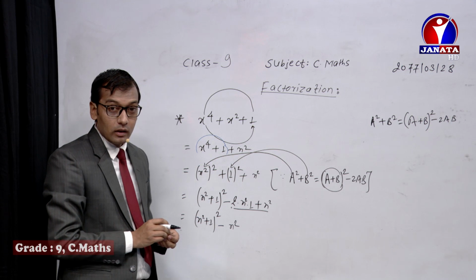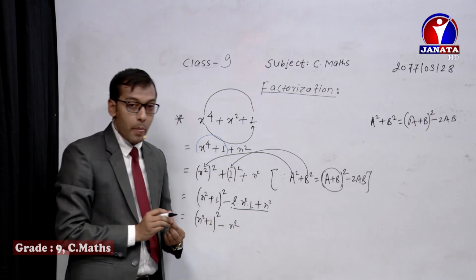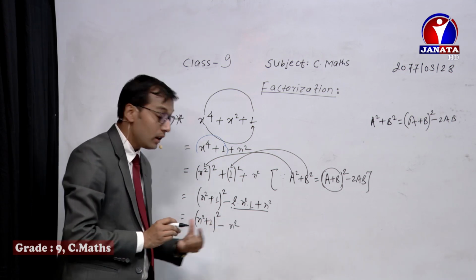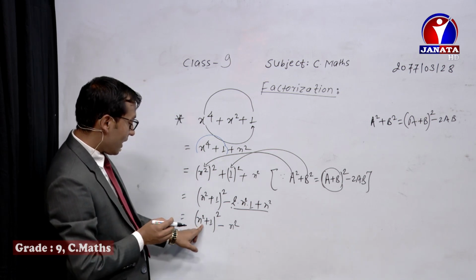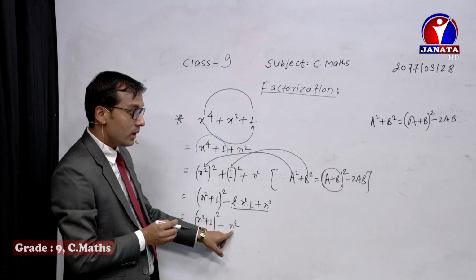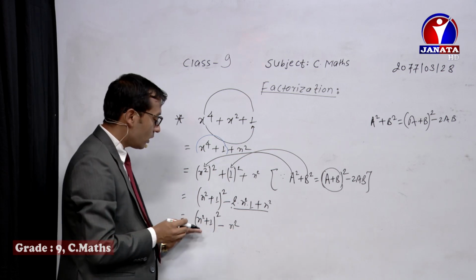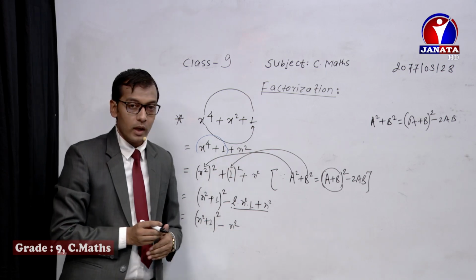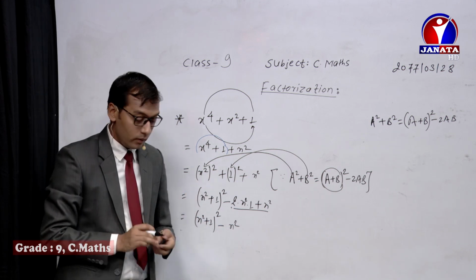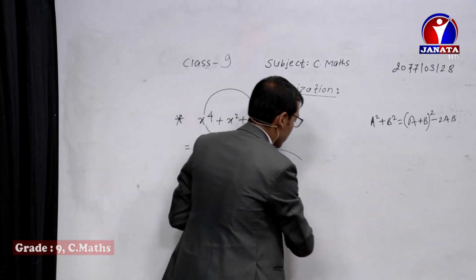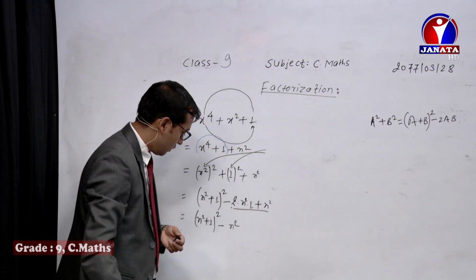Again, this is in the form of a square minus b square. What is a? a is x square plus 1 and b is x. Now let's convert this into a square minus b square form, which has two factors.